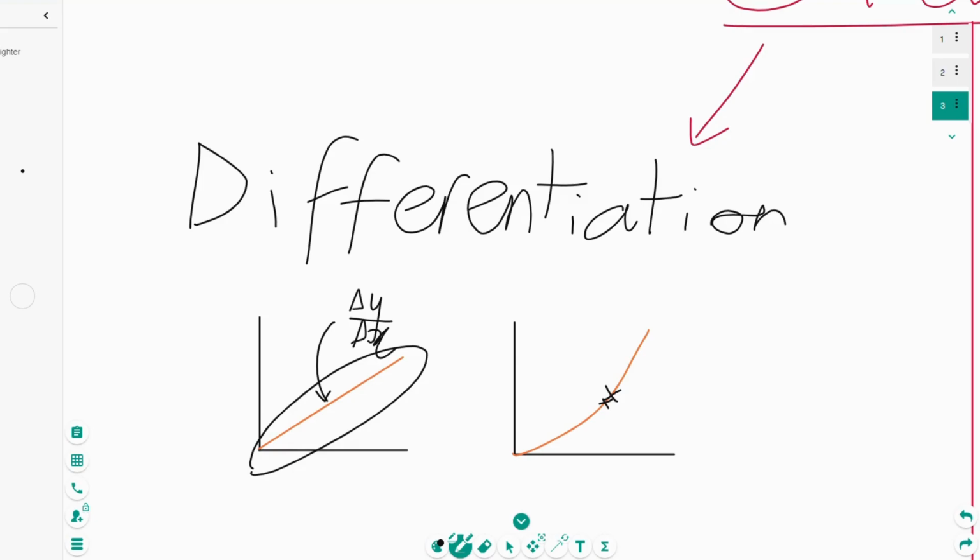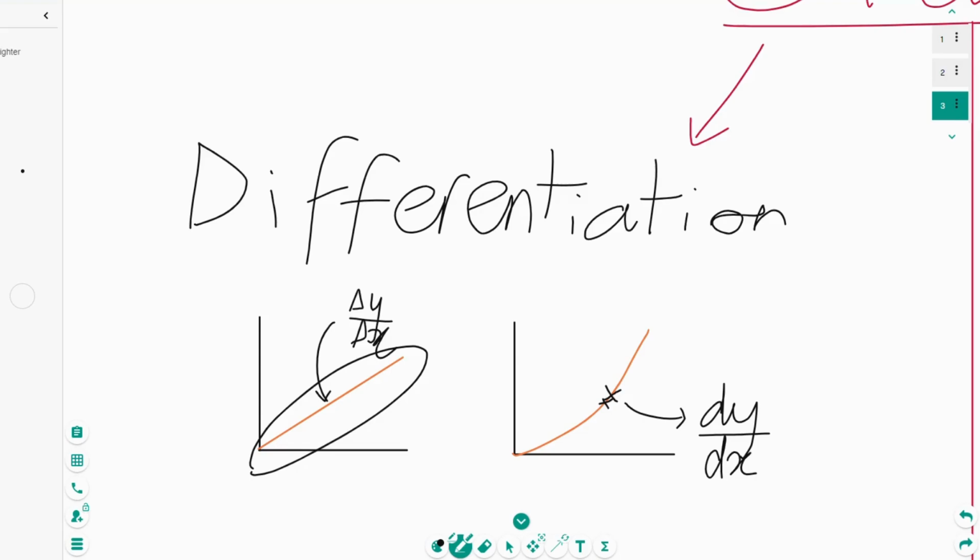So the change in y and change in x is almost not visible at all. So over here, we would express this as dy by dx, which is the differential notation of the change in y by the change in x.